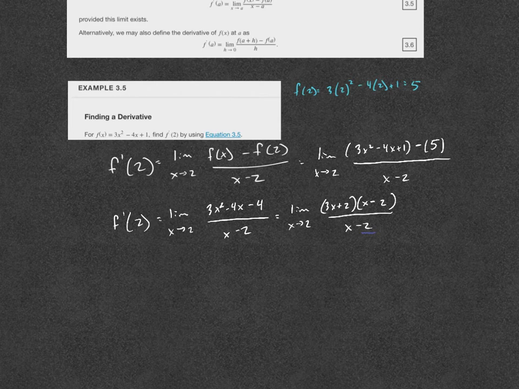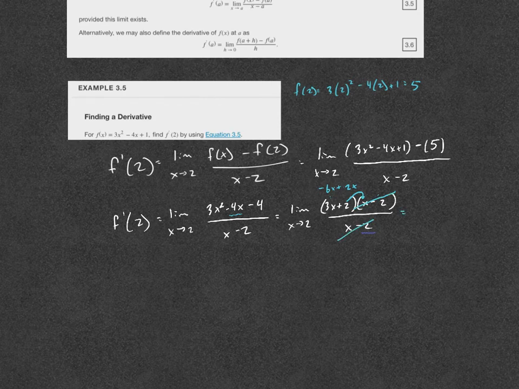But I'm still going to do the check, right? So when I do the check, 2 times x and negative 2 times 3x is negative 6x. Negative 6 plus 2, hey, that's the negative 4 that we had in the middle before. So that means my factoring is correct. Because it is correct, I can cancel the common factor.